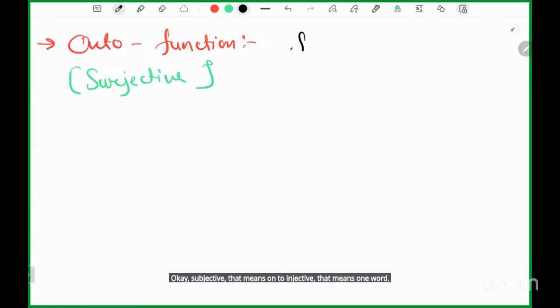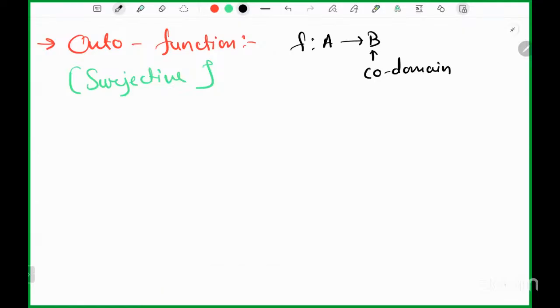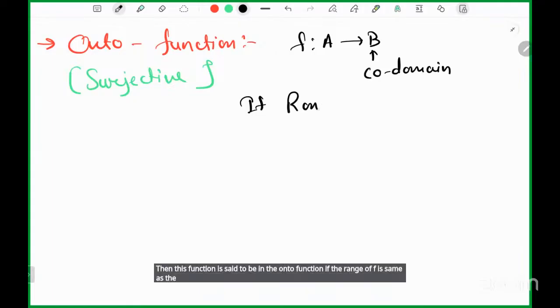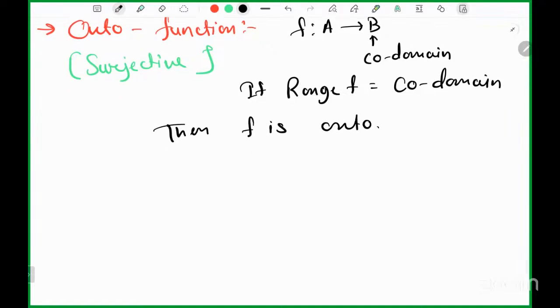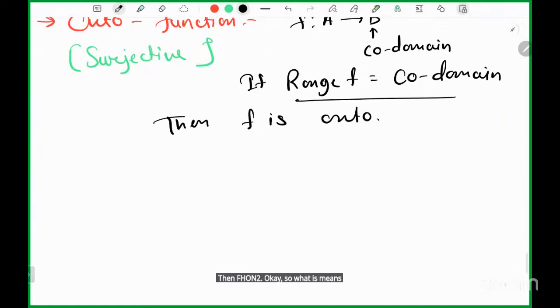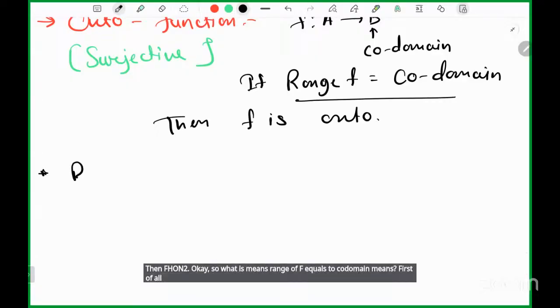So if you have a function f from A to B, where B is your codomain, then this function is said to be an onto function if the range of f is the same as the codomain of f. Okay, what does range of f mean?